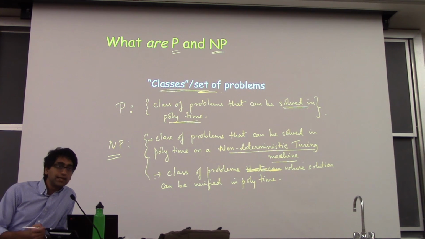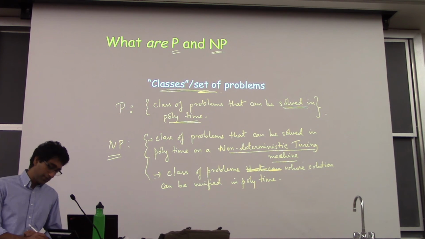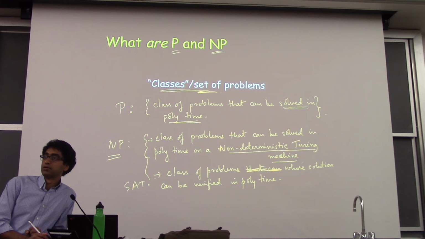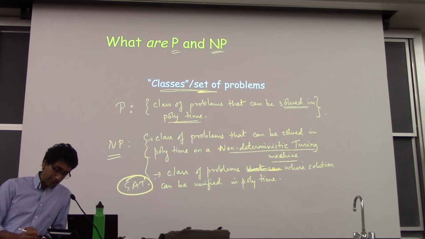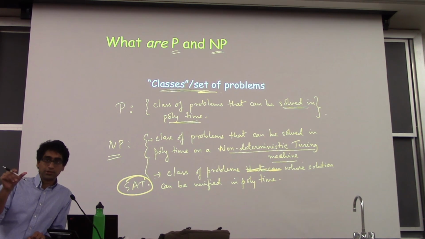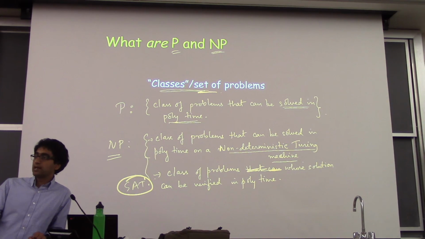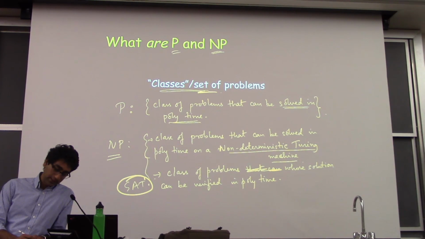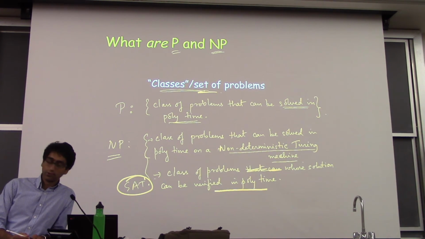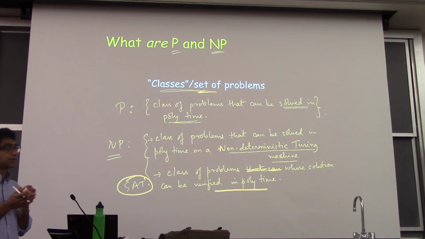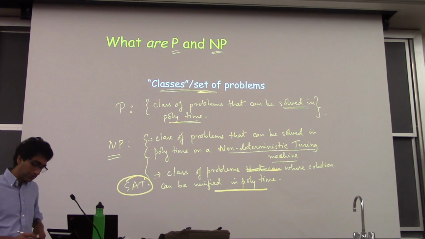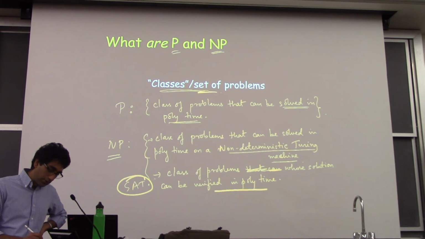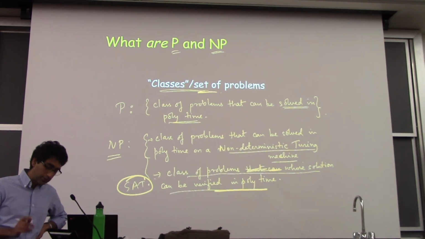This is exactly what we were saying. Like the satisfiability problem belongs to this class NP. Because this is a problem for which, if I am given a solution, you can tell in polynomial time, polynomial in phi, whether that solution is valid or not. But producing the solution is actually a difficult thing. So that is the class of NP problems, where you know that there exists a solution that is verifiable in polynomial time.